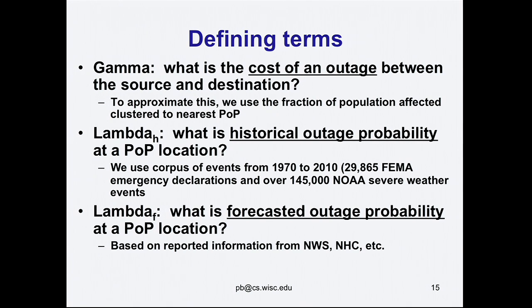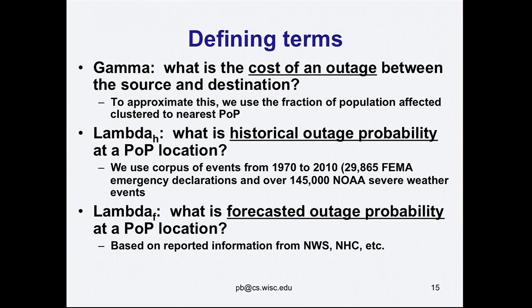This is something that, of course, you would have information about. So what we do to approximate this value is we use the fraction of population that might be affected by an outage, meaning the fraction of population that's actually clustered around a particular pop.